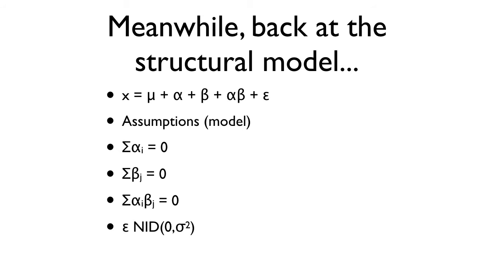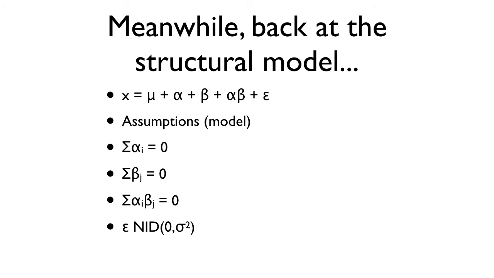Error is normally distributed and independent with a mean of 0 and a variance of sigma squared. It's the same thing with individual differences we had in the one-way analysis of variance.